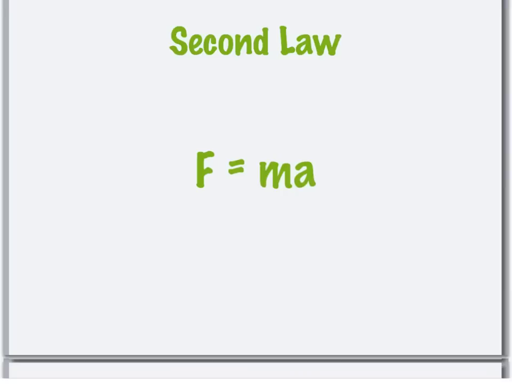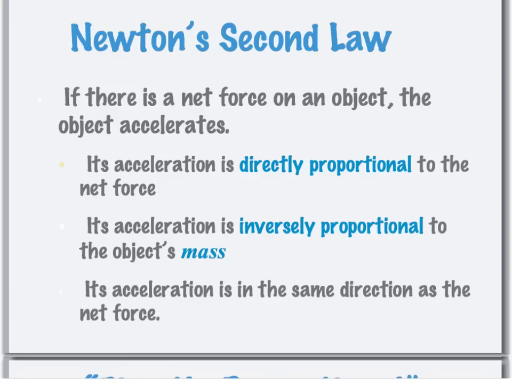Now, Newton's second law of motion is really quite simple. It says that force depends on mass and acceleration. Basically, the law says that if there's a force acting on an object, the object will accelerate. The acceleration will be directly proportional to the net force.